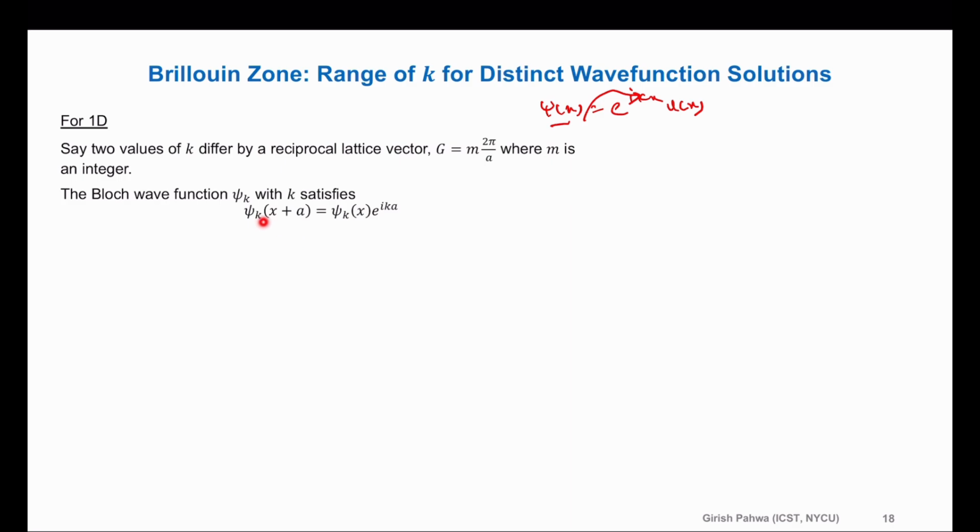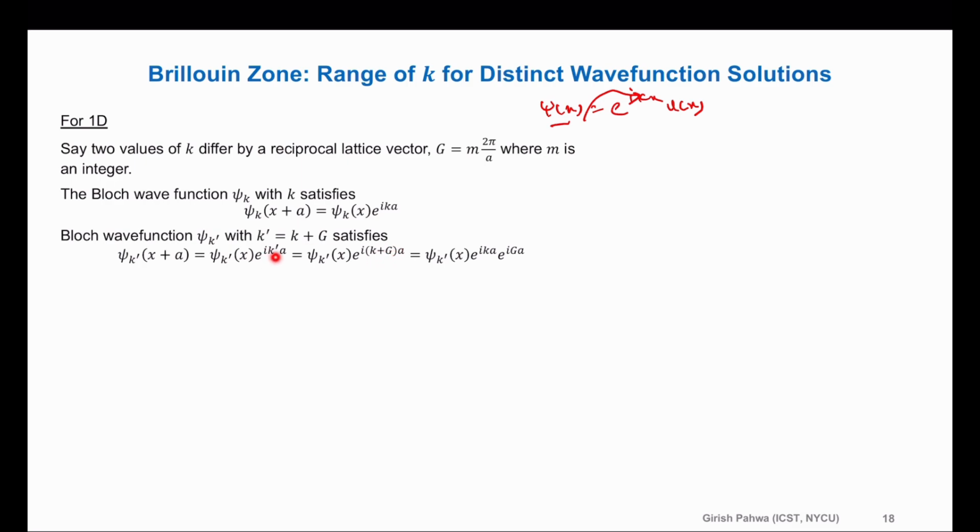Say this is for k. Now the Bloch wave function for k' = k + g. I said I have two k values which differ by g, so one is k, the other is k + g. What will be the Bloch wave function? ψ_k'(x+a) = ψ_k'(x) e^{ik'a}, where k' is k + g.